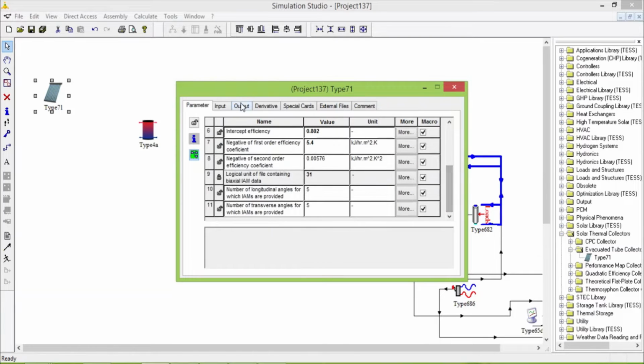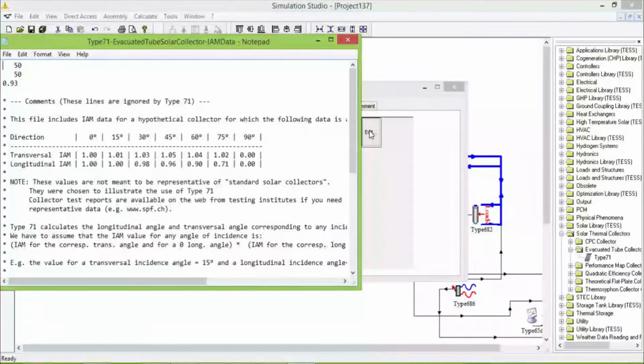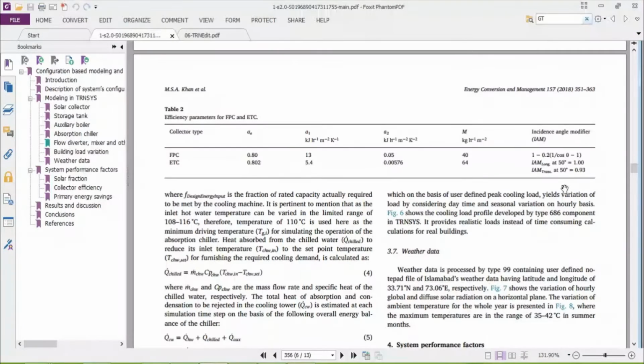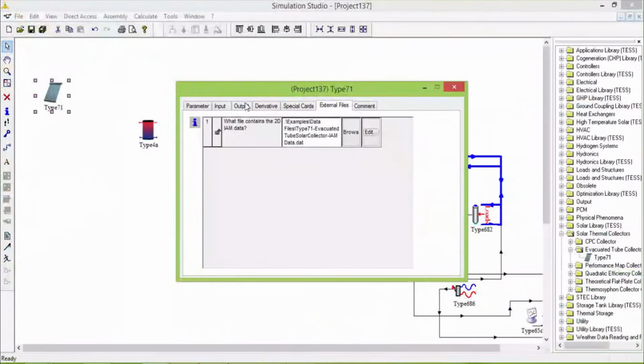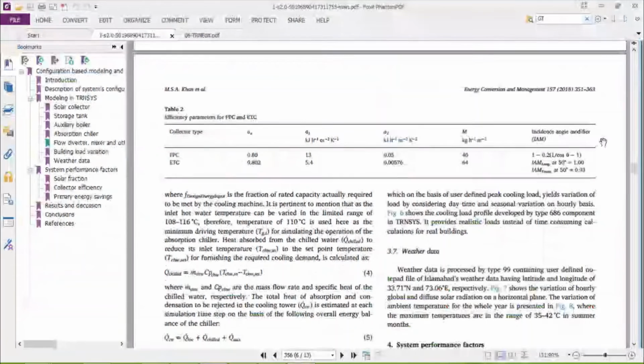Okay, and one more thing, if you open the default file you may have different values here, but I am using 50 for longitudinal and 50 for transverse, and the values here are 1 and 0.93.